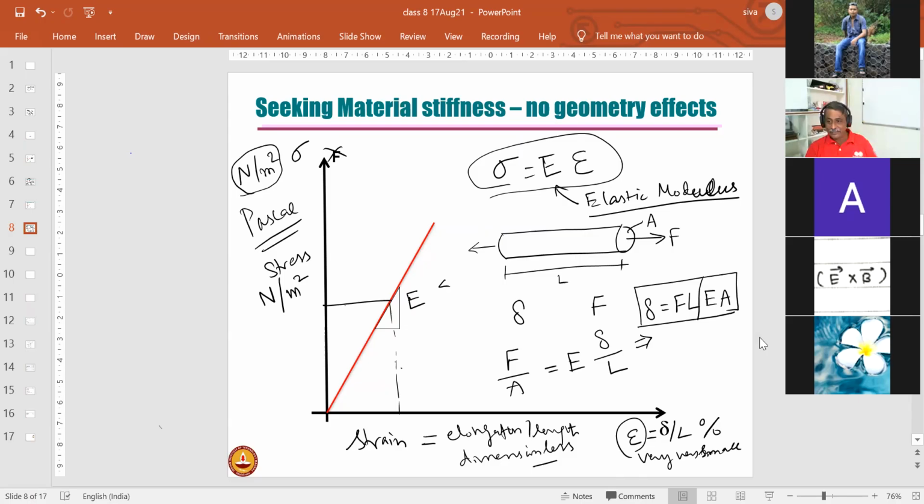Are you with me? Shall I make it a little bit more clear here? This stroke. All right. Is this okay? How do you remember this, folks? How many of you know what is a flea? Force, length, elongation, area.